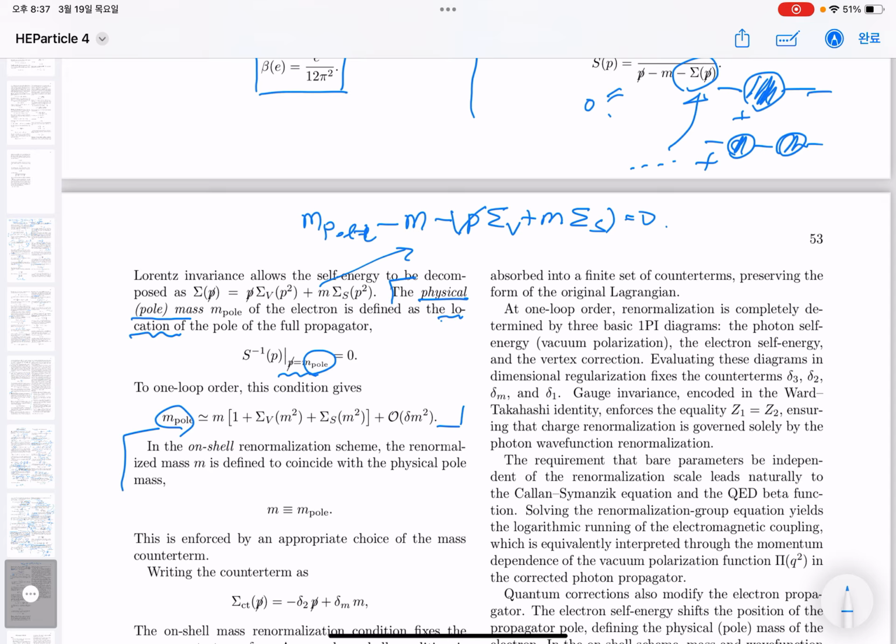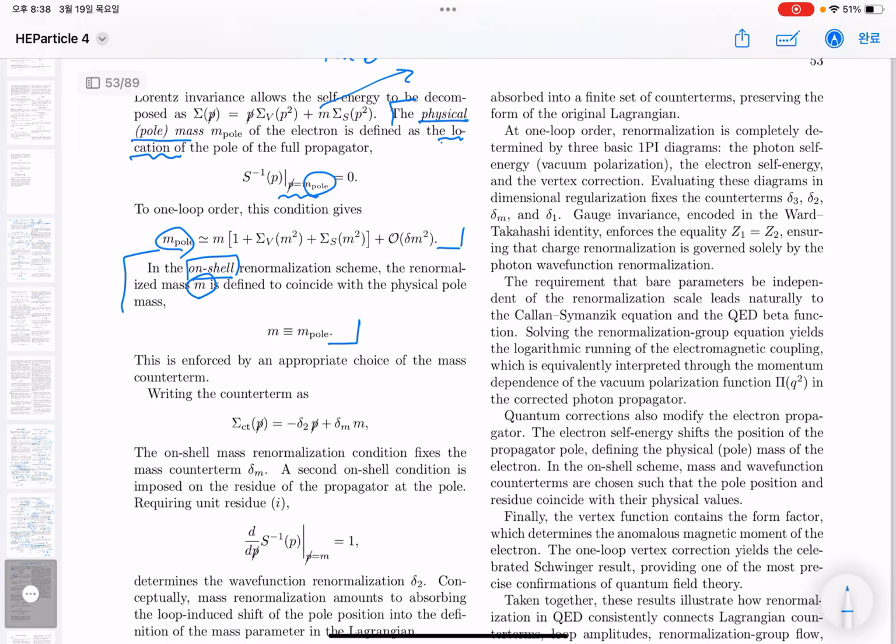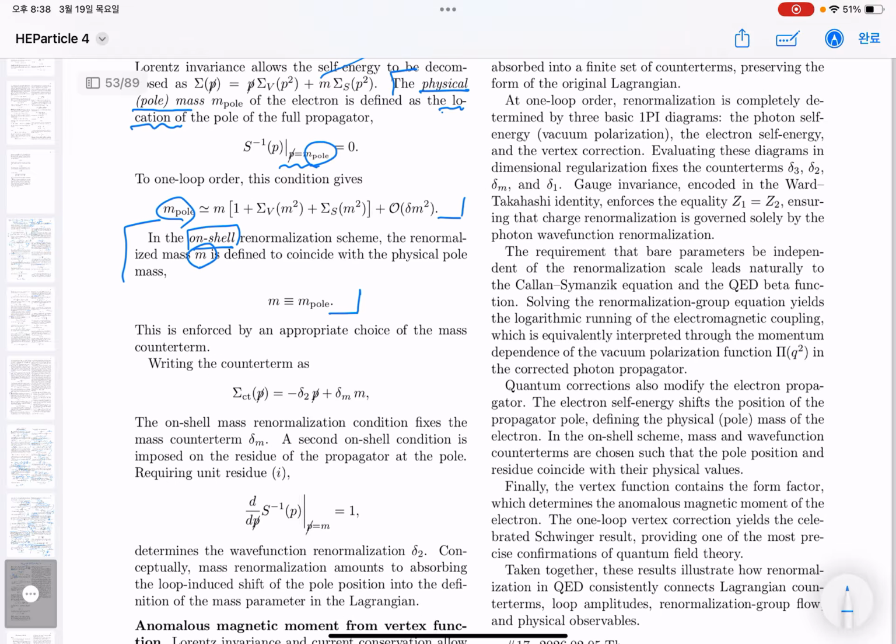And there are two different renormalization schemes. For the on-shell scheme, the renormalized mass is the same as the physical pole mass. So in this scheme, the counterterms are determined to make the renormalized mass the same as the physical pole mass. For the counterterm contribution, the on-shell mass renormalization scheme fixes delta m to make m and the pole mass the same.